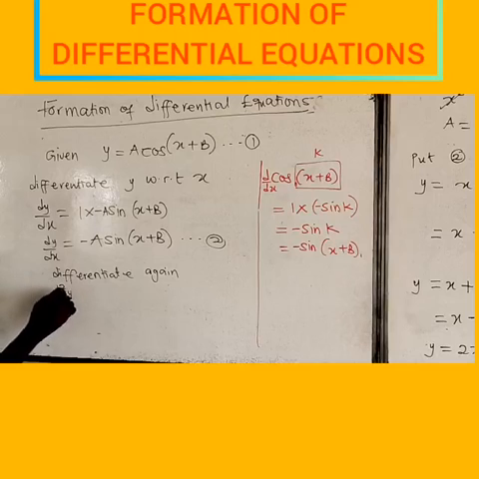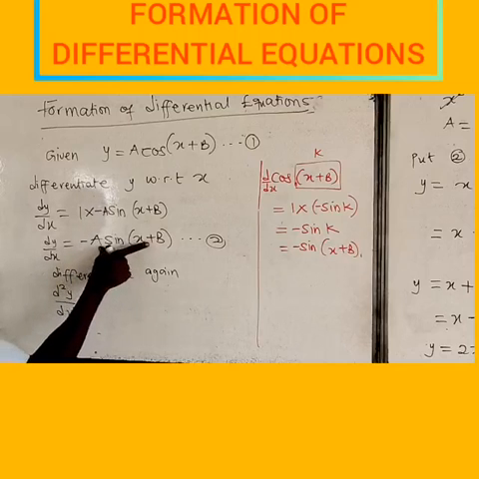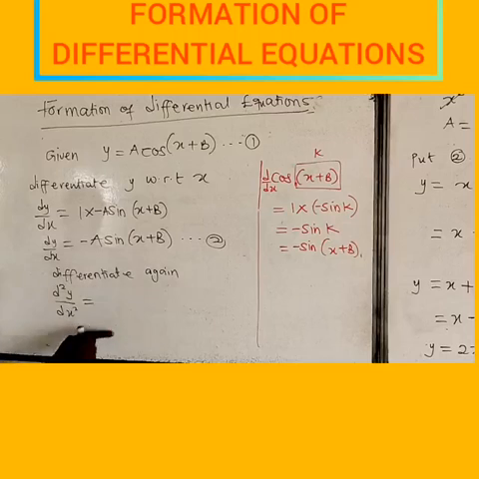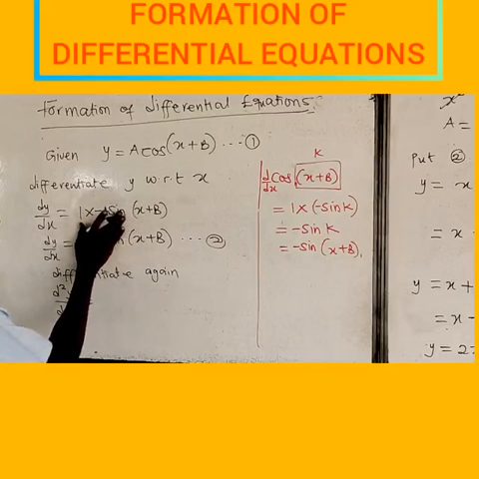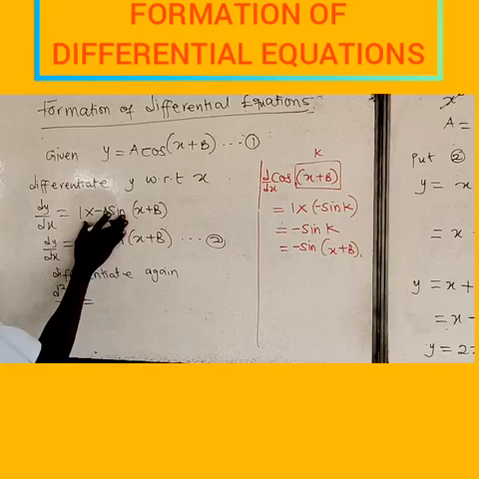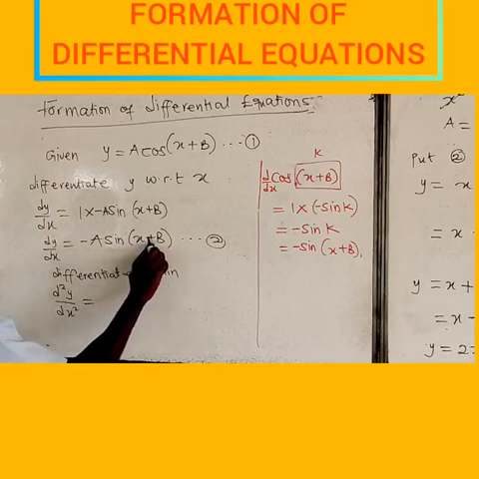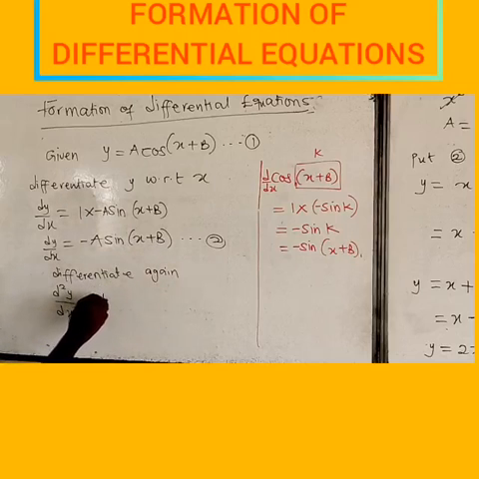So d squared y over dx squared is equal to, we continue. There is no variable here, so we will still use the chain rule because this is a constant. This is still a composite function, or function of function. So all that we do here again is apply the first rule. We cover the mother and differentiate the baby. If you differentiate x plus b, we get 1.